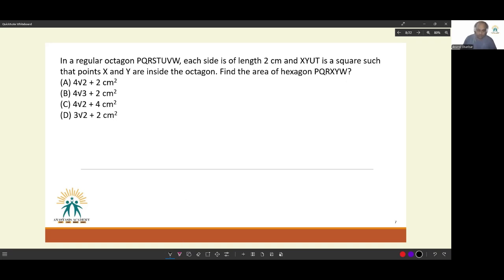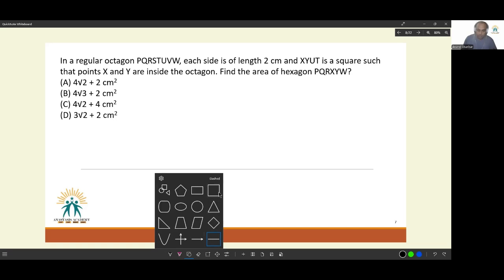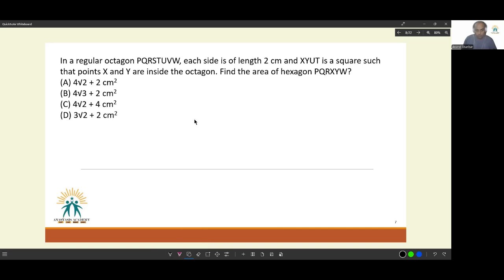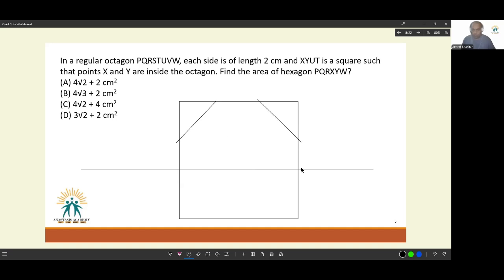Okay, very, very interesting. Now, I don't know how we make our regular octagons. How I make it is the format I'm showing you. From a square, 4 corners get cut off and a regular octagon gets created. Okay.